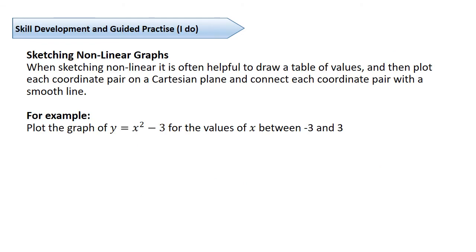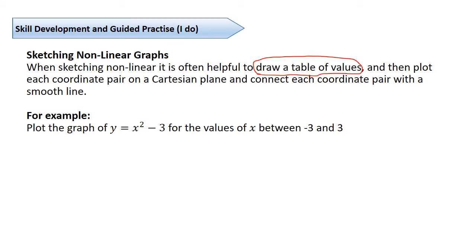So, sketching non-linear graphs. When sketching non-linear graphs, it is often helpful to draw a table of values. Like we did in our example before with our linear equation, this is going to be our first step for sketching non-linear functions as well.